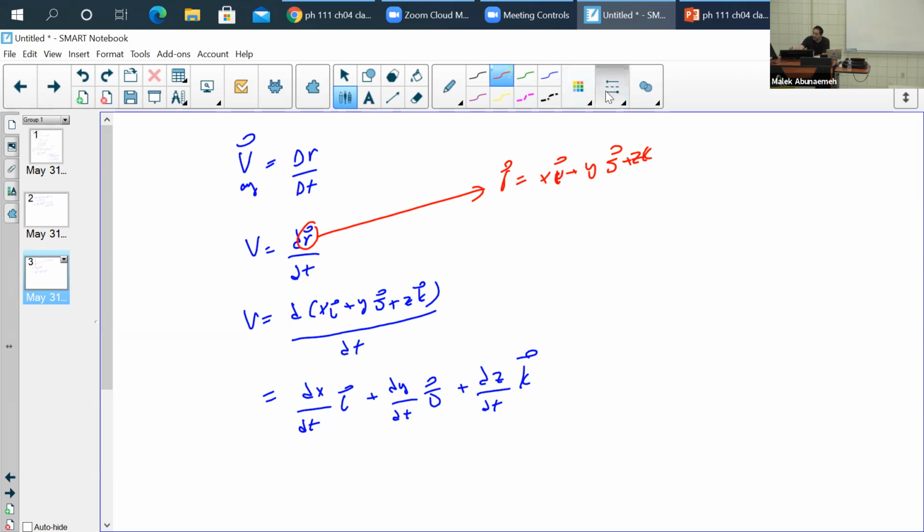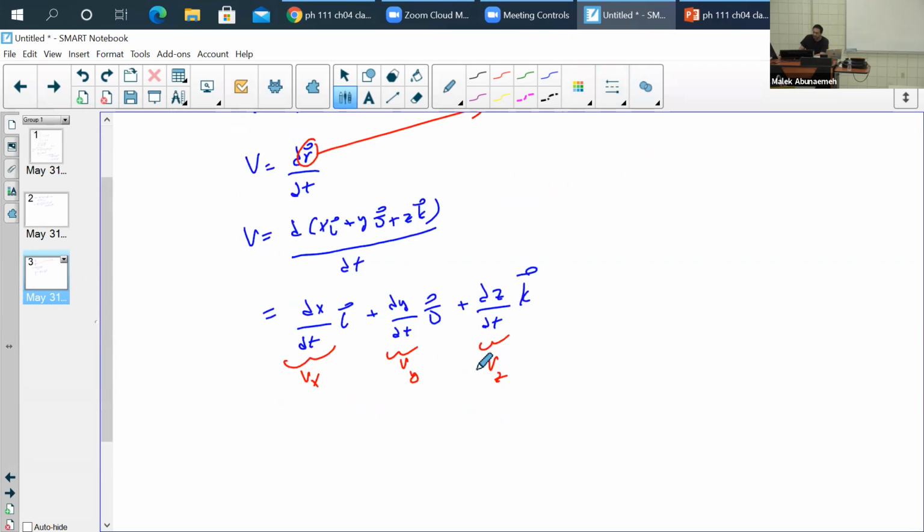Let me go back over here in red. This is your Vx. This is your Vy, your velocity in the y direction. This is your velocity in your z direction.